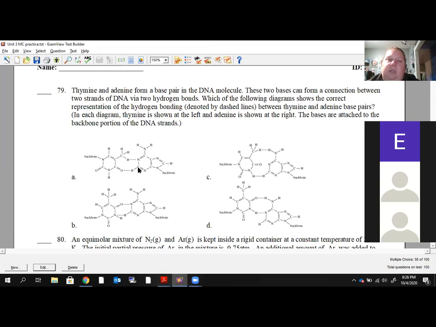This hydrogen is still bonded onto a carbon. Even though it looks like it's making that intermolecular force with a nitrogen, an oxygen, or a fluorine, it needs to be bonded to those atoms.